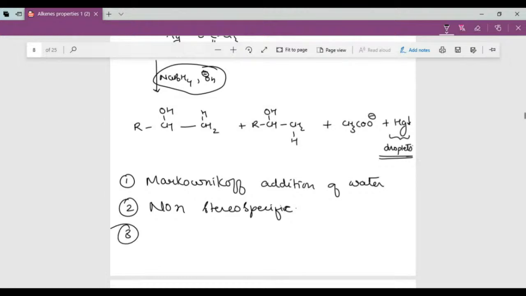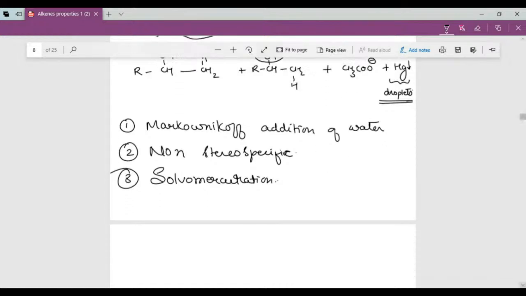As the solvent is the one which is acting here along with mercury, it is also known as solvomercuration.